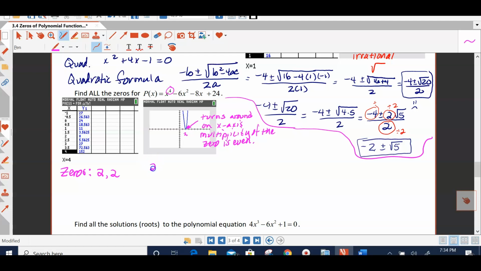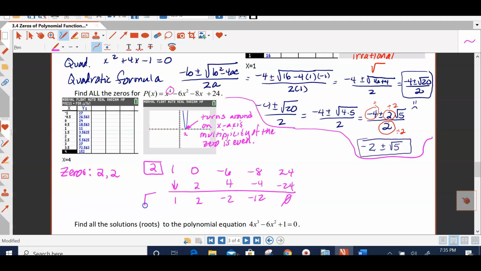So I'm going to divide by 2. My coefficients are 1, 0, -6, -8, and 24. So 2, -2, -12, -24, and I get a 0.